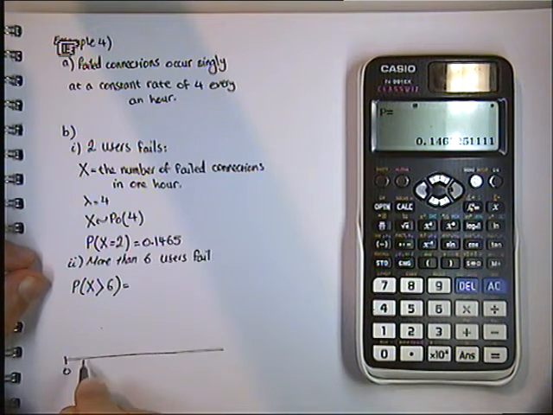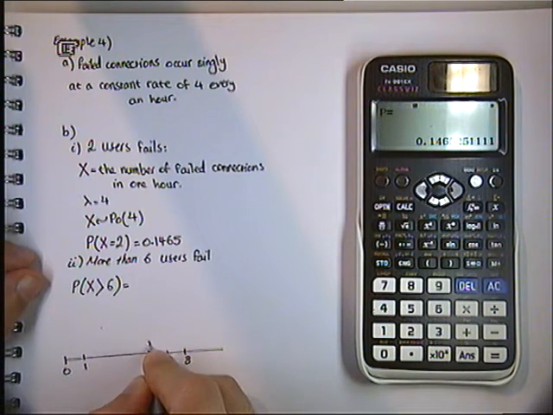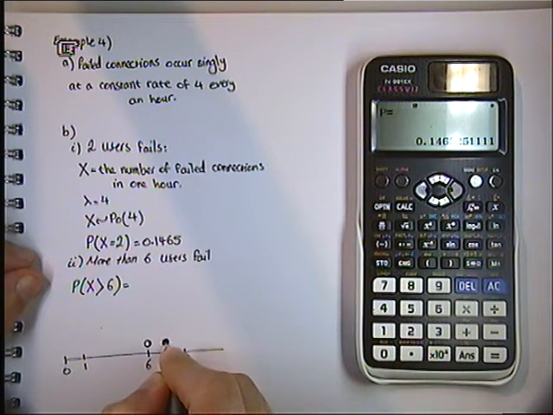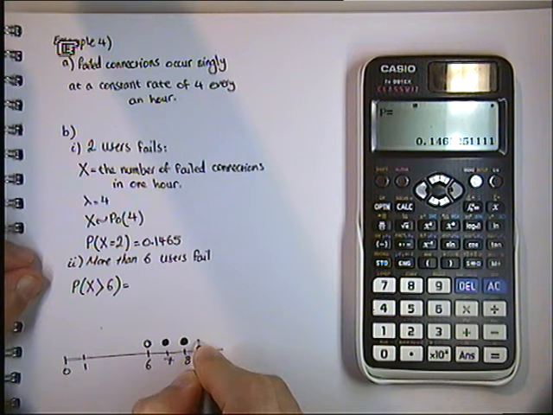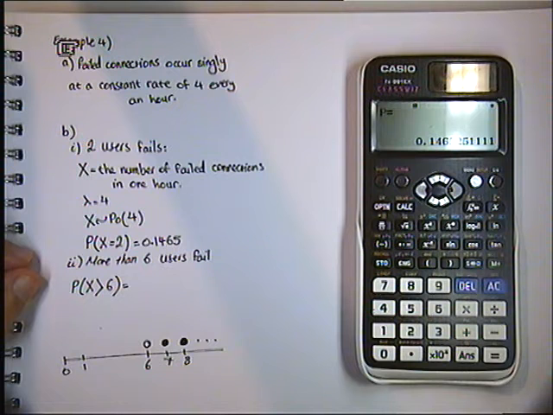Okay, let's say here is 0, 1, it goes up to 6, 7, 8, and so on. More than 6 means 6 is not included. 7 is part of the answer, 8 is part of the answer, 9 is part of the answer, 10, and so on. So we know that we won't be able to calculate for greater than by using the calculator or the table.